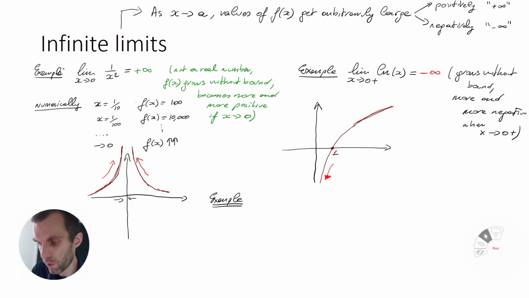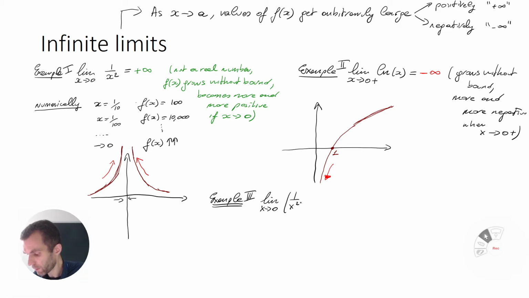So this was example 1, 2, and now we have example 3. Sometimes you have to do some manipulations. You already are familiar with this. So let's calculate the limit of x going to 0 of 1 over x squared minus 1 over x.